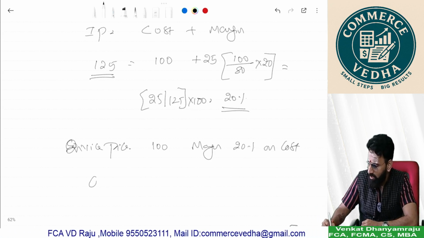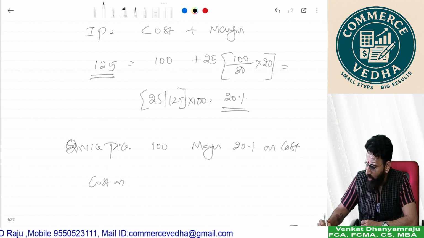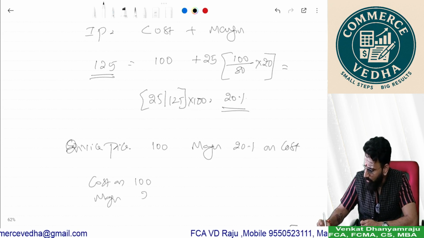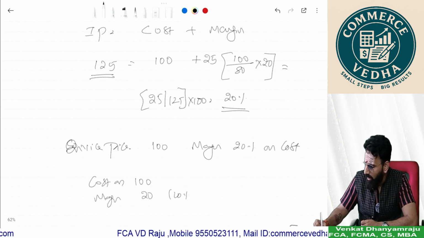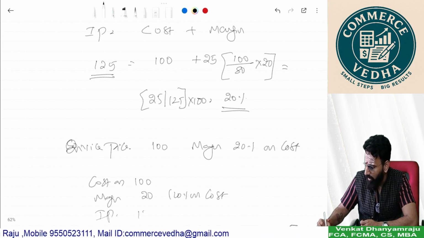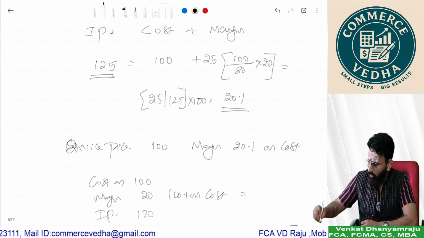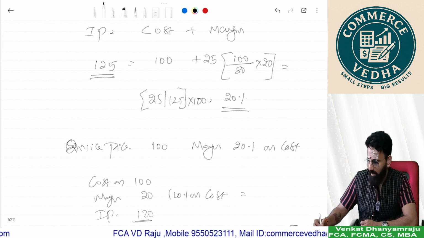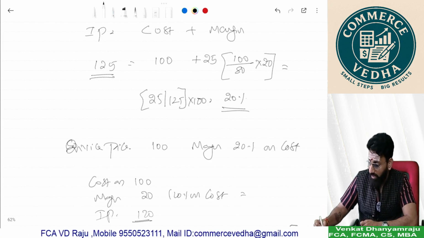Should assume cost as 100. If cost is 100, margin is 20 because 20% on cost. Hence, invoice price equals to 120. Now, what you can do? If invoice price 120, right? So 100 represents 120 here.